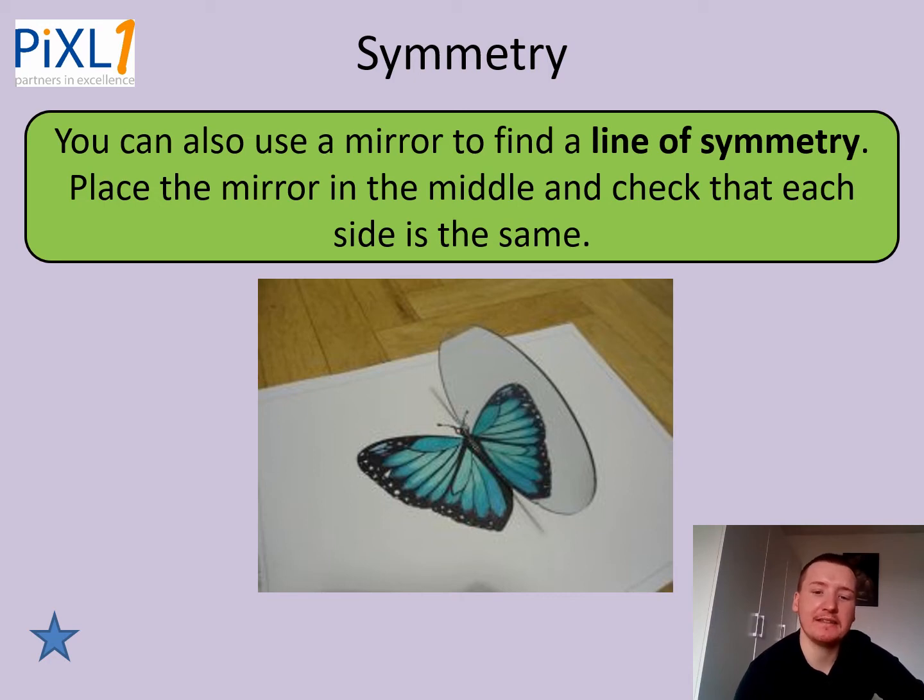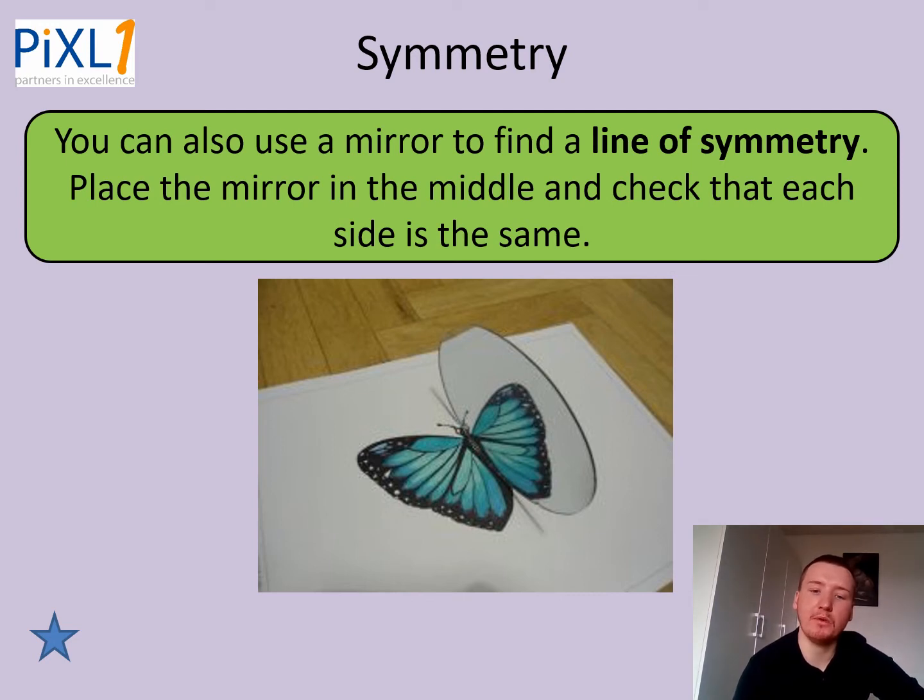If you look into the mirror, ask yourself, is the reflection of the butterfly perfectly the same as what has been reflected? Is this butterfly symmetrical? Put your hand up if you think yes, it is symmetrical. Put your hand up if you think no, it's not symmetrical.